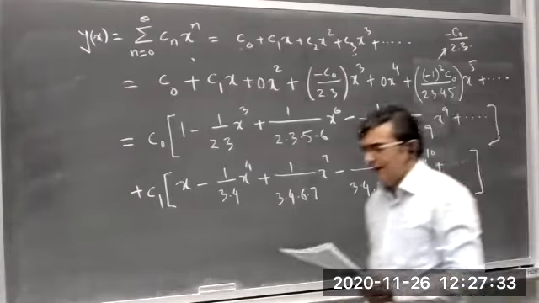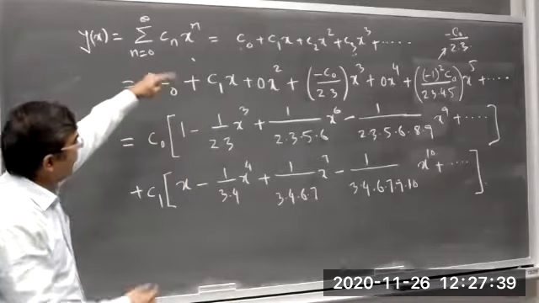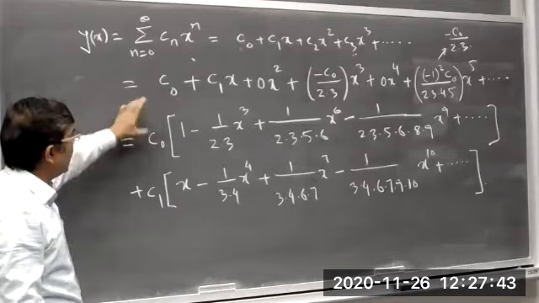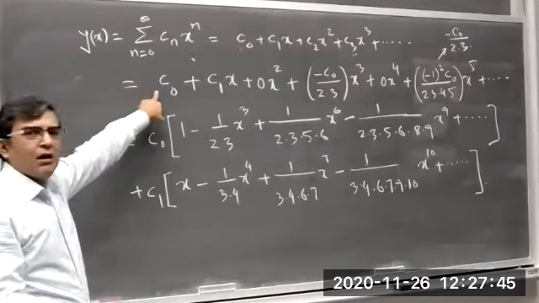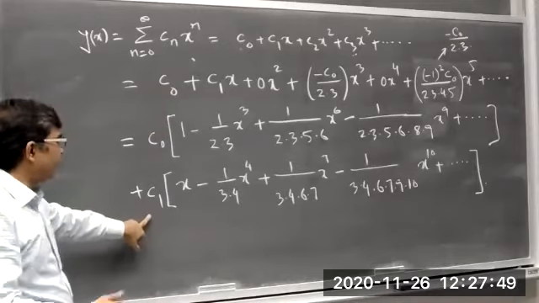So we obtain these two series by rearranging all these terms in this expression. We can take C0 common from some of the terms and C1 common from the other terms.